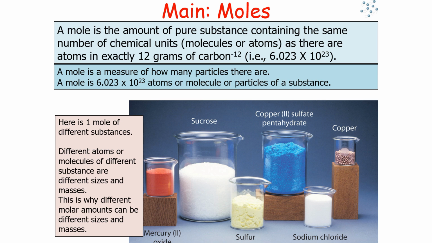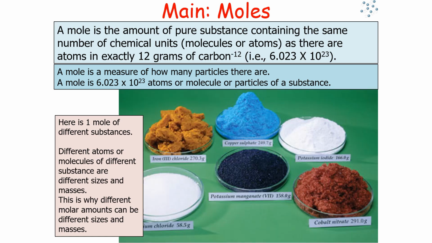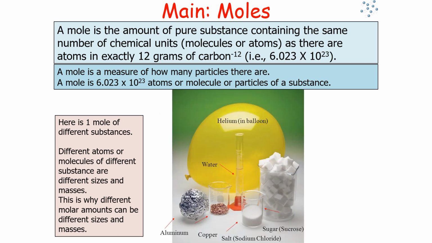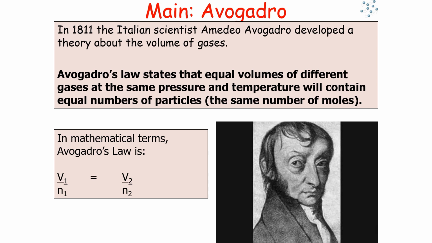Now, different atoms or molecules of different substances are different sizes and masses. This is why different molar amounts can be different sizes and masses, as shown in these particular images. These are all 1 mole of that particular substance. Now, in 1811, the Italian scientist Amedeo Avogadro developed a theory about the volume of gases.